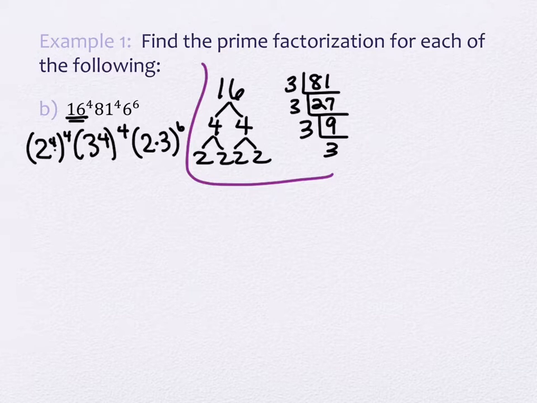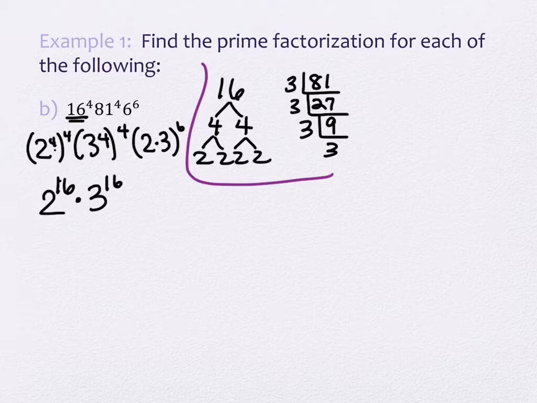When I have an exponent raised to an exponent like this, what do I do with those exponents? You multiply. Good job. So this would be 2 to the 16th. And it's the same one for the next piece, right? 3 to the 16th.